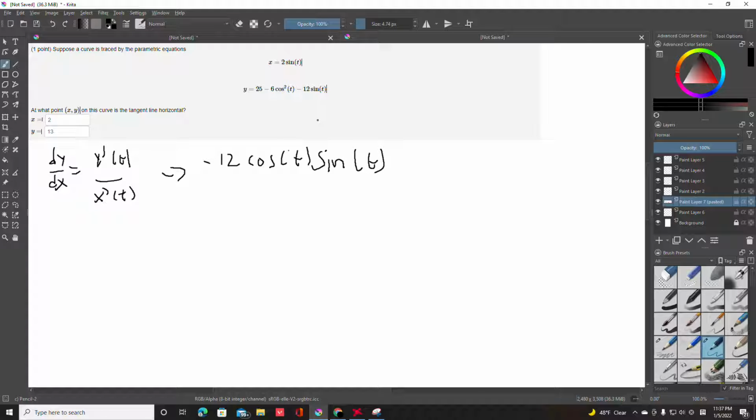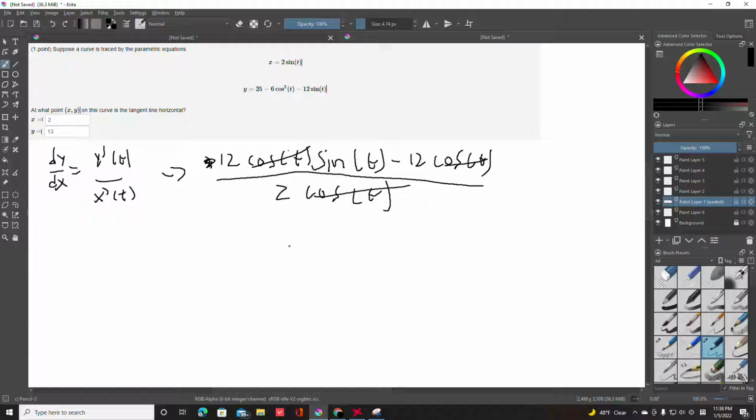And then if you take the derivative of cosine, we'll get negative sine, so all the negative signs will go away here. And then the derivative of negative 12 sine of t is just negative 12 cosine of t. And then this is all over the derivative of 2 sine of t, so we'll just get 2 cosine of t. Cancel out the cosines here.